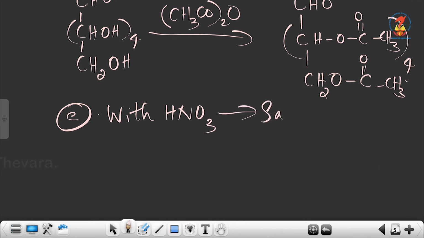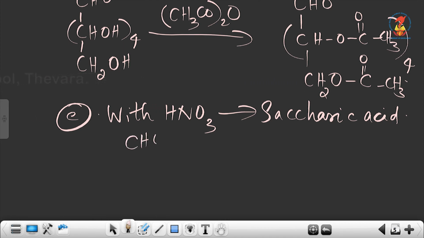First glucose gets converted to gluconic acid, which will give saccharic acid. This indicates the presence of a primary alcohol group in glucose, because that CH2OH will get oxidized to COOH. Also CHO gets oxidized to COOH. So, primary alcohol getting oxidized to acid with nitric acid shows the presence of primary alcohol group in glucose.